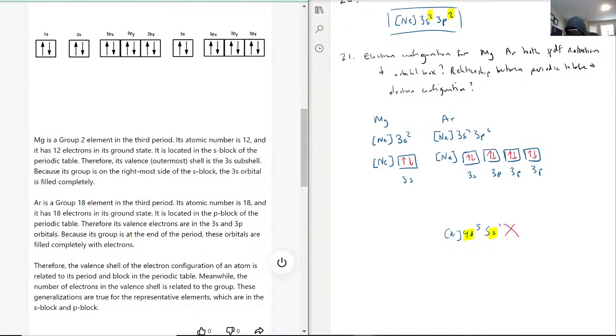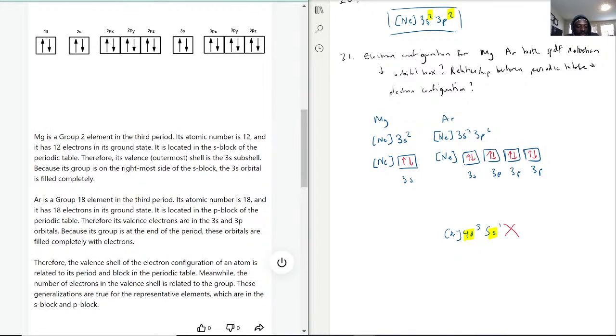Oh, I didn't even explain that part. The coefficient in front tells you what row it's going to be in. That's the last information you needed.